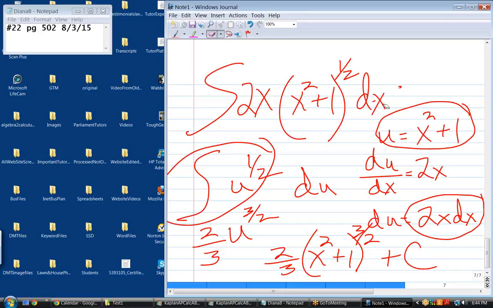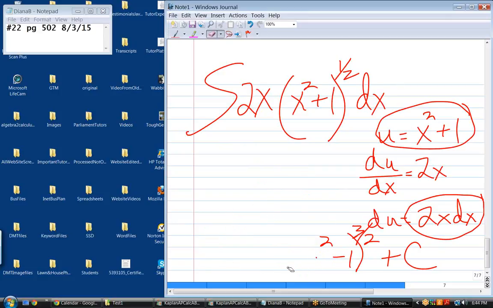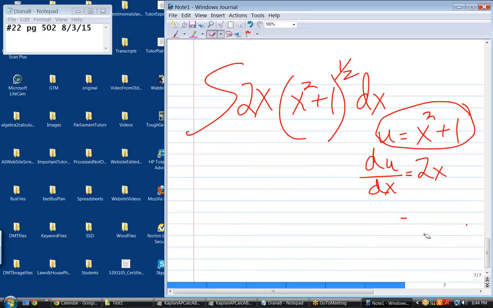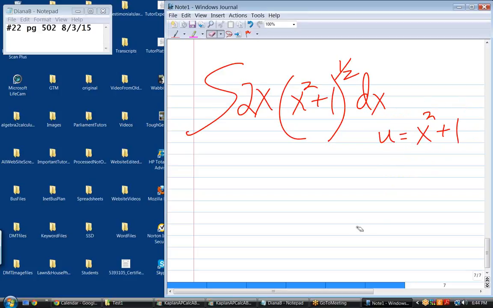When we're looking at this problem, let's erase everything else here. We first have to figure out what we would make u, and what the derivative of u would be. And we know that the derivative of u always ends up in the denominator when we do it the old way and substitute for dx. And so we need the derivative of the inside to be 2x.